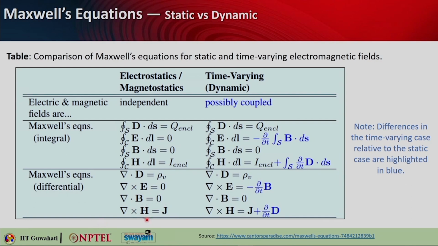Curl of H was only J according to Ampere, but then Maxwell added this new term, ∂D/∂t, and that completes the electromagnetic theory. These four equations are popularly known as Maxwell's equations, and they can describe the phenomena of electric and magnetic fields that vary in time and space.